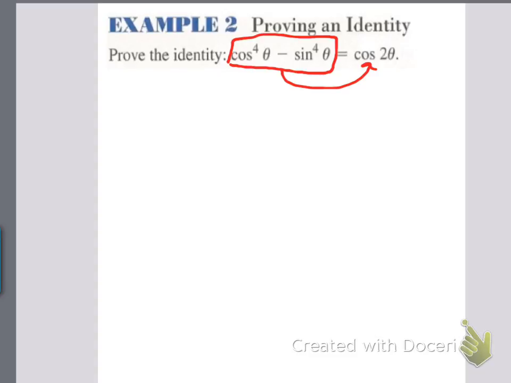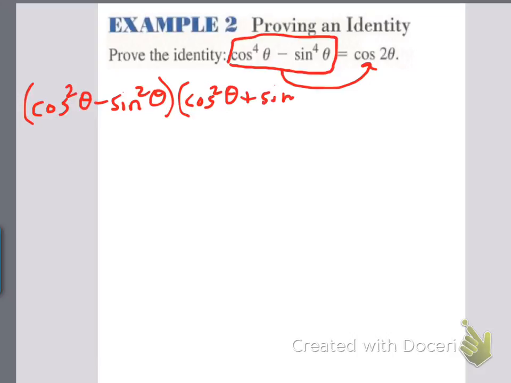So this is a difference of squares. So we're going to factor: cosine squared minus sine squared times cosine squared plus sine squared. Now, cosine squared plus sine squared is 1. So essentially I just have this, because this is just 1.